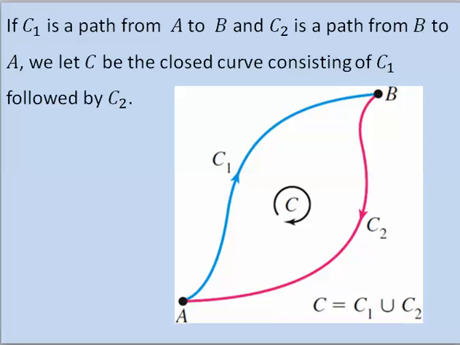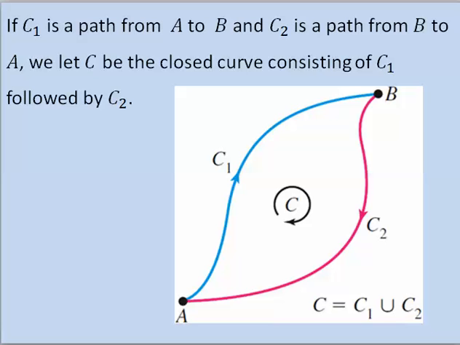Let's have C1 be a path from A to B, and I'm going to have negative C2 be a path from A to B, which means that C2 is a path from B to A. Now let's let C be the closed curve consisting of C1 followed by C2. What we want to show is that both of these paths, C1 and negative C2, would give us the same line integral.